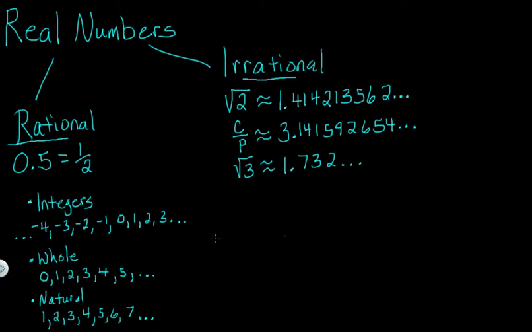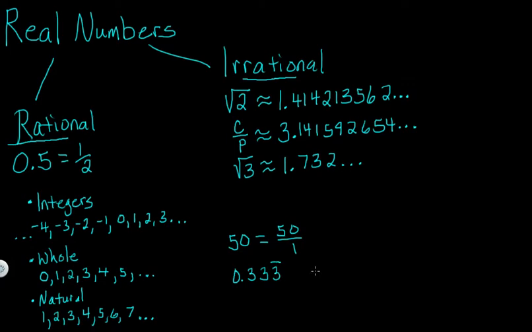So for example, let's say I wanted to create the whole number 50. I can represent 50 as the ratio of two whole numbers, right? I can represent 50 as 50 over 1. I can also include in rational numbers repeating decimals. So decimals such as 0.3 repeating, so 0.3333, and then we can represent that as having a 0.3 with a bar over it.